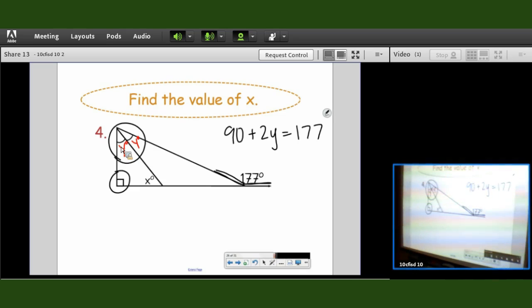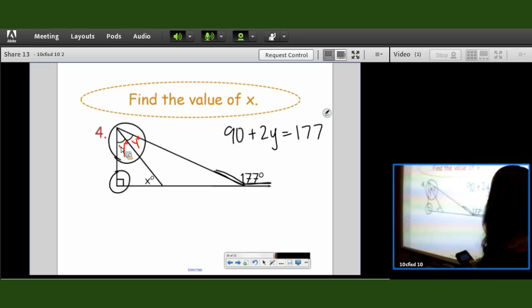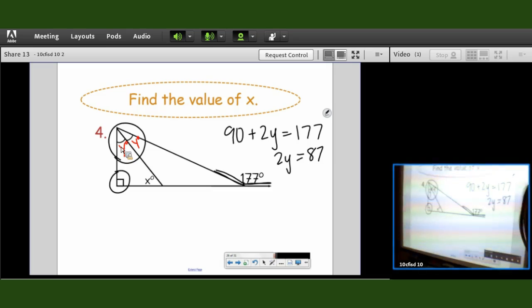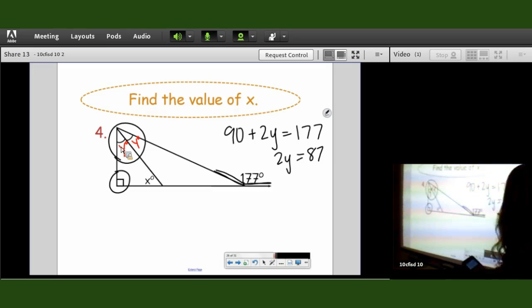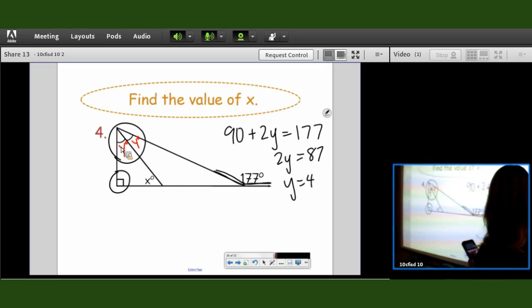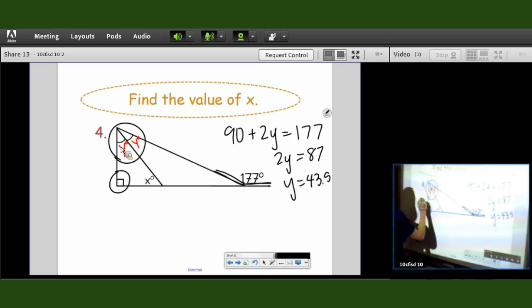So we subtract 90 from 177. 2y equals 87. Decimal warning, decimal warning. y is 43.5. We're allowed to have decimals, don't be scared. So I've now found this angle.